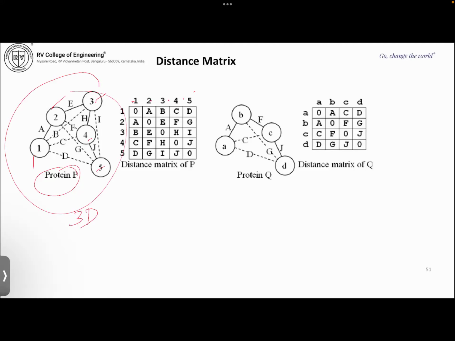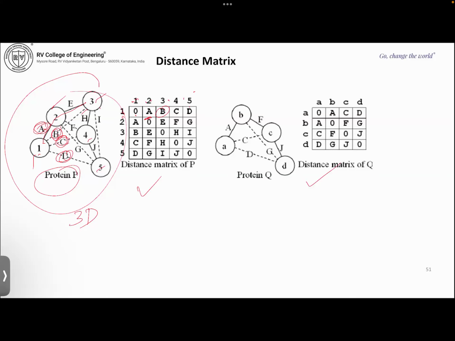You can see that 1 and 1, 0, and for 1 and 2, the distance is defined as A, therefore you should write A. 1 and 3 is defined as B, directly by the distance, not through bonds, it is the distance B. And 1 and 4 is defined as C, and 1 and 5 is defined as D. So A, B, C, D. That is how we represent the distance matrix.